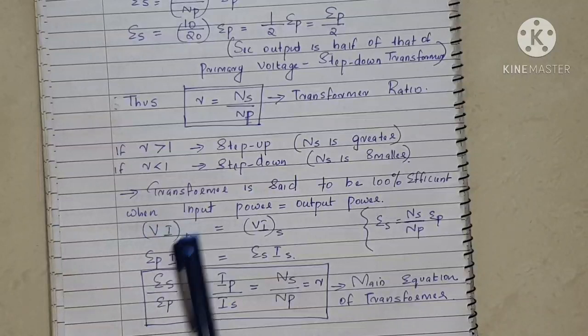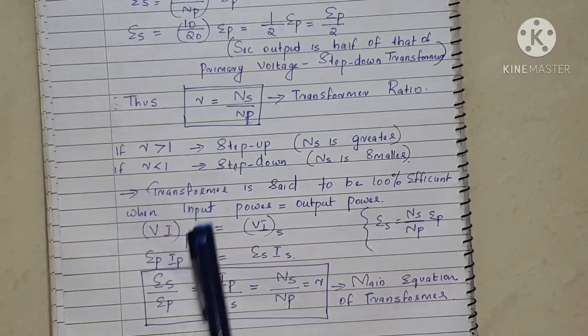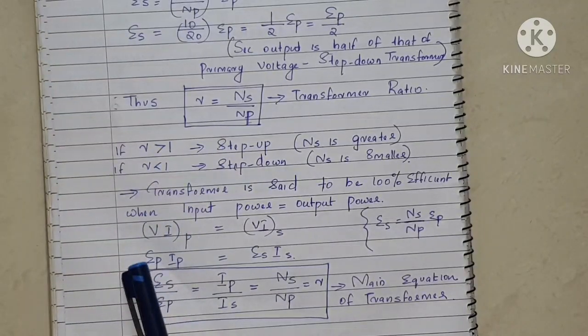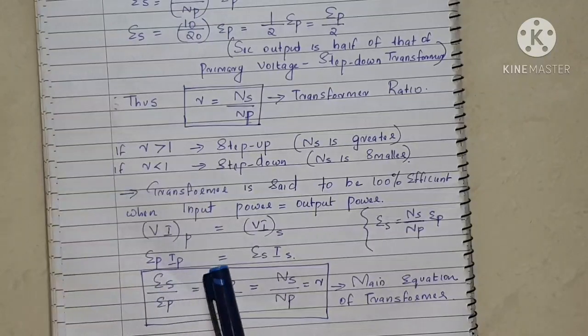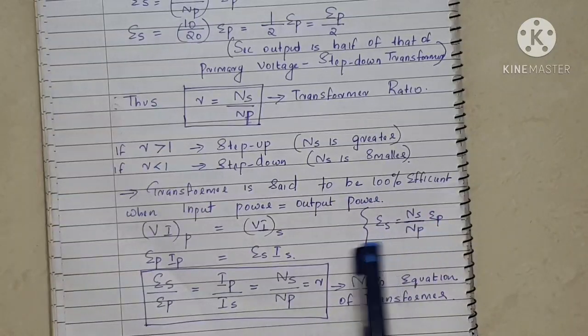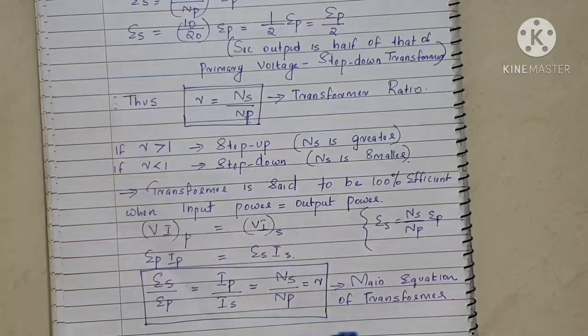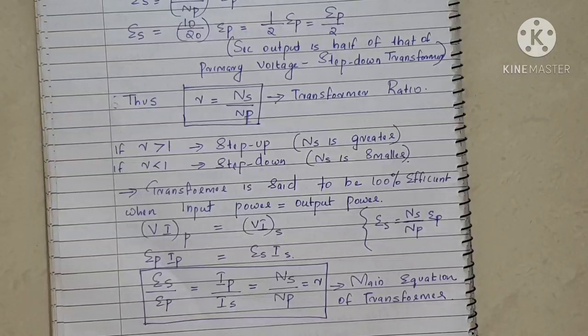That is, VI on the input side equals VI on the secondary side, that is the output side, which can be written as EP or VP into IP equal to ES or VS into IS, which can be written as ES by EP equal to IP by IS. From the earlier equation we can write ES by EP equal to NS by NP. NS by NP is nothing but R or K. This is the main equation of a transformer.